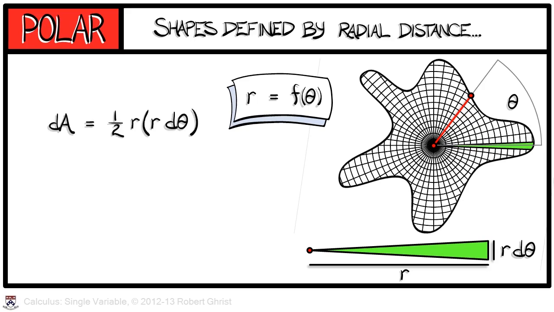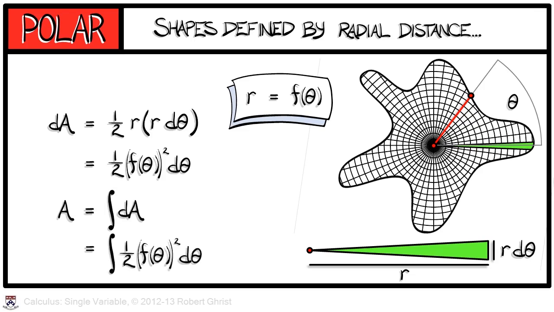In this case, the area element is the area of this triangle, 1/2 r times r d theta. And that is 1/2 r squared d theta, but remember r is given as a function, f of theta. Hence, we have something that we can integrate to get the area, that being the integral of 1/2 quantity f of theta squared d theta.